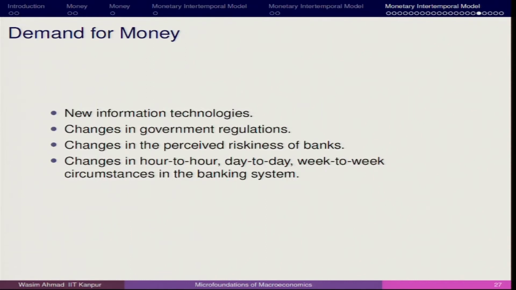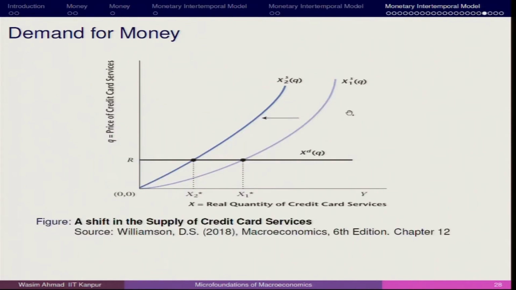So, that is also having a bearing on the demand for money. These are the challenges, but if you look at it from the demand for money side, here you have the price of credit card services. We see that if you have a decrease in the demand for money, then this leads to a decrease in the demand for credit card services.